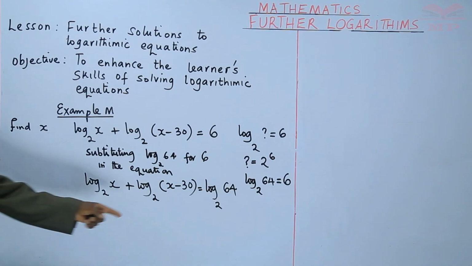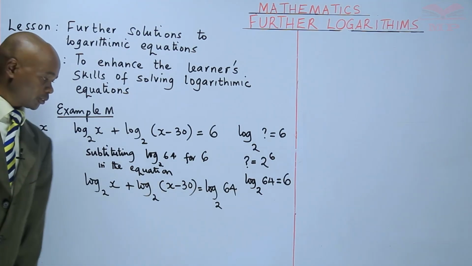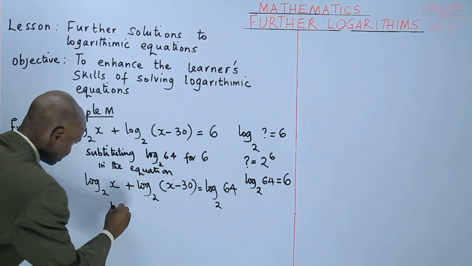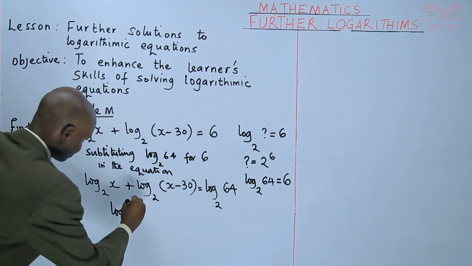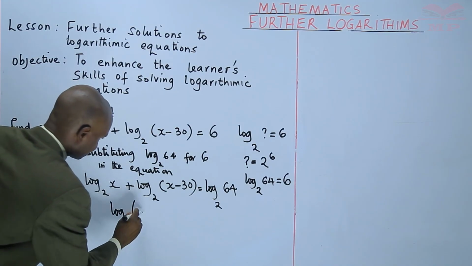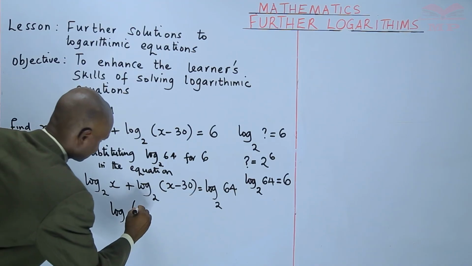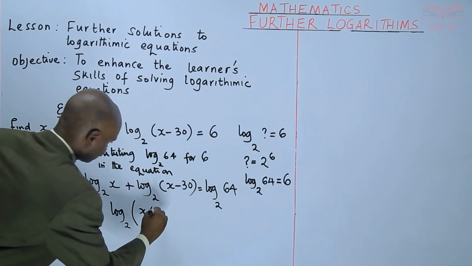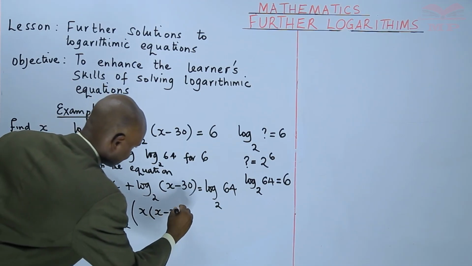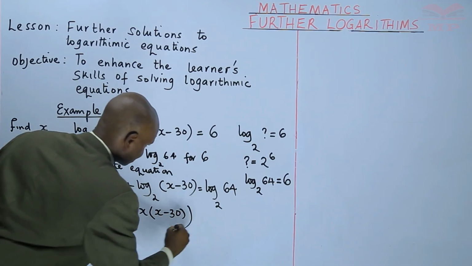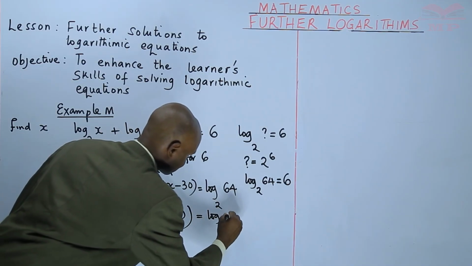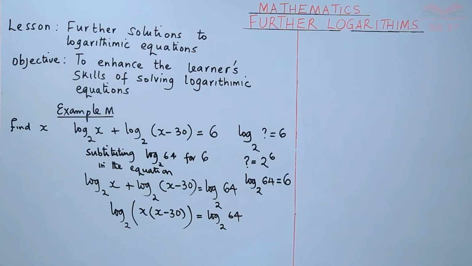So I should put everything to the base of 2. If we have a sum, it will be a product: log base 2 of x into (x minus 30), close the brackets, should be equal to log base 2 of 64.